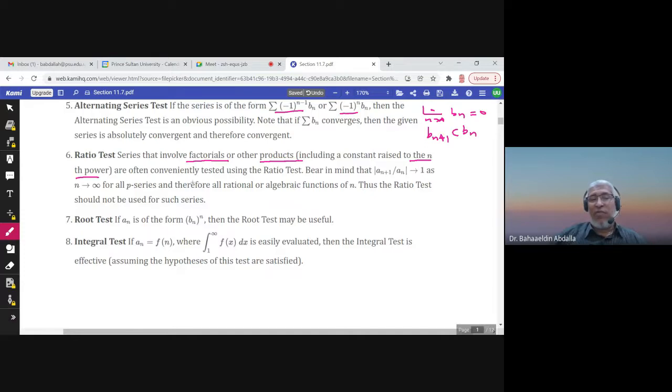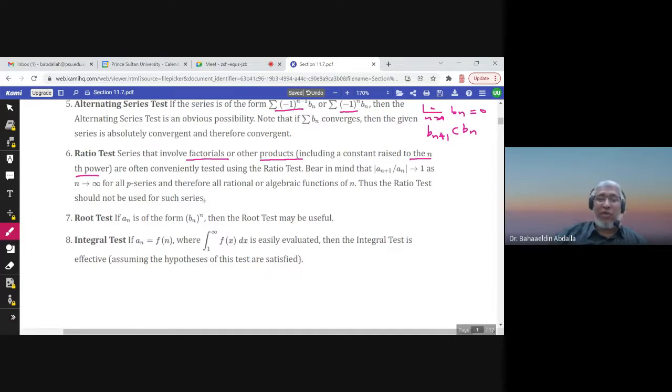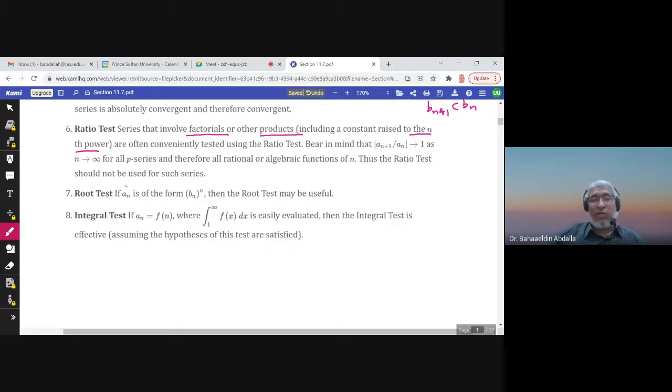And in section 11.6, you will find a lot of information about the ratio test. If an is written as bn to some power n, an nth power, we can use the root test. More about the root test in section 11.6.